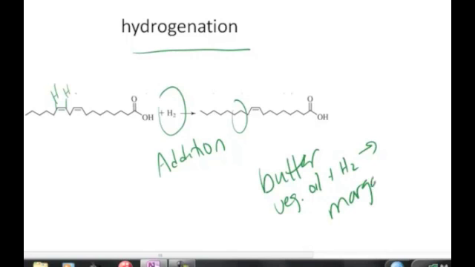So margarine was considered a great butter substitute. The problem was that they later found out that hydrogenated fats are actually worse for you than the original saturated fats in the natural source. So what they thought was a better thing, so you could use margarine instead of butter, reduce your cholesterol, actually, these hydrogenated fats are actually worse.